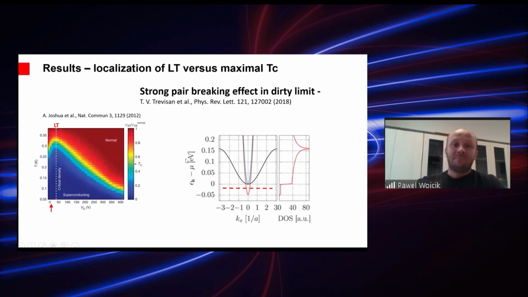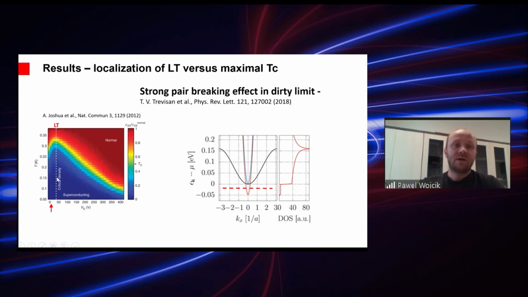So it seems that our theory works, but we should also compare our theory to the existing one. There is one theory which was described in this paper in PRL in 2018, and this theory is strongly based on the experimental paper from 2012.